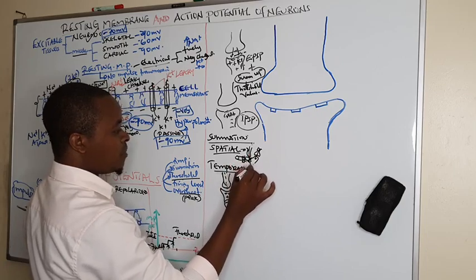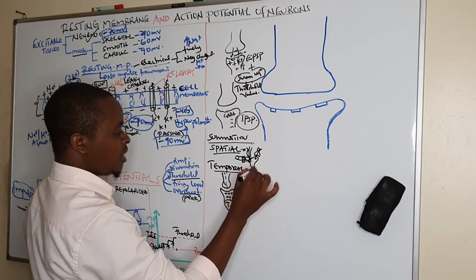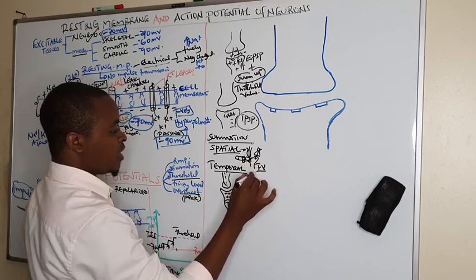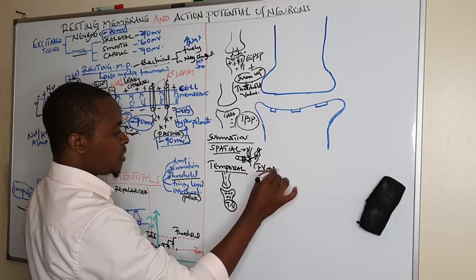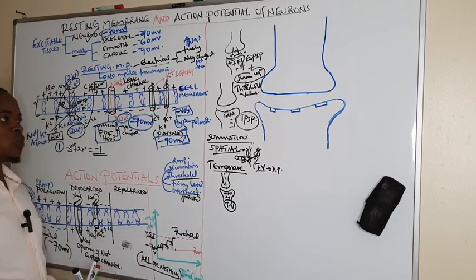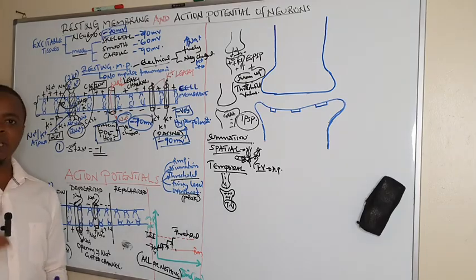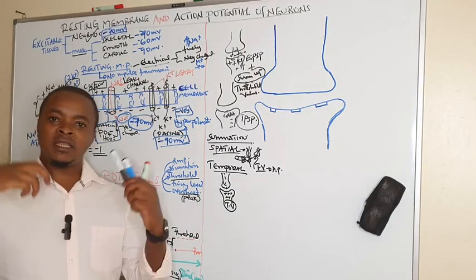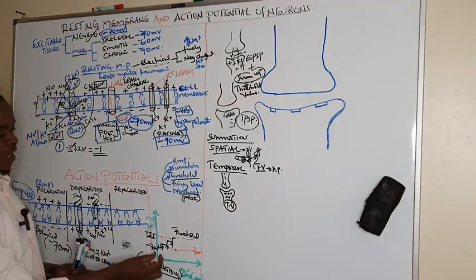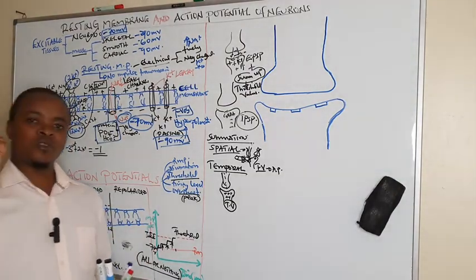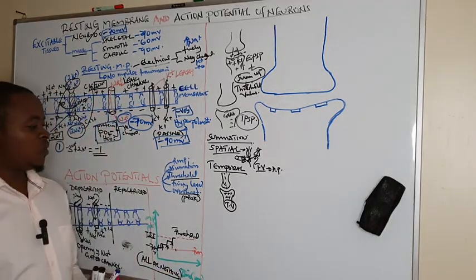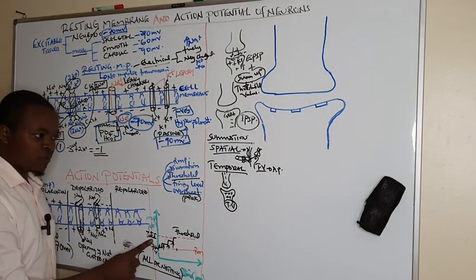When they sum up, they reach the threshold value and an action potential is propagated. That is what we call summation. Summation is whereby the impulses add up to reach the threshold value, which is negative 55 millivolts.